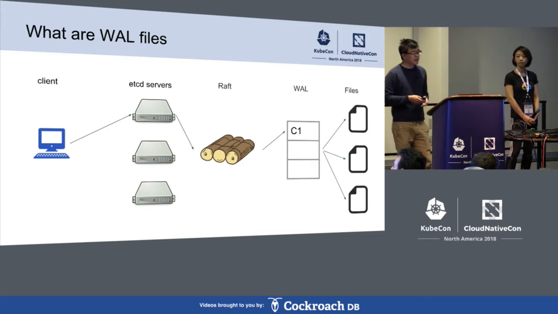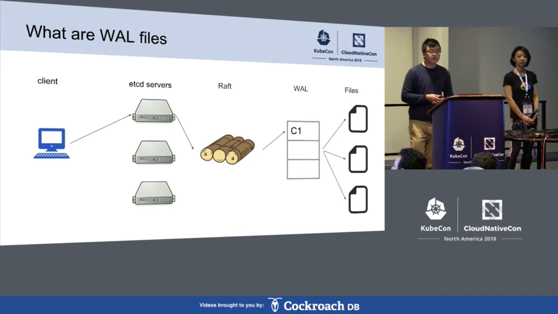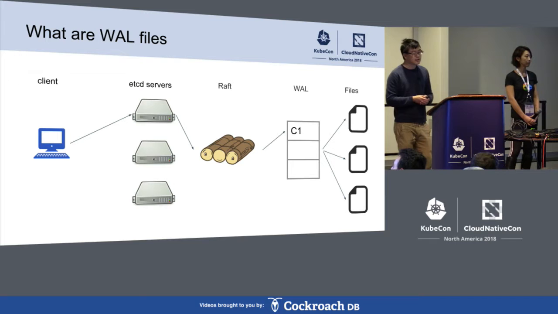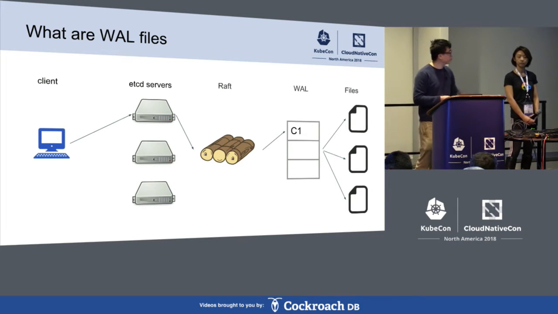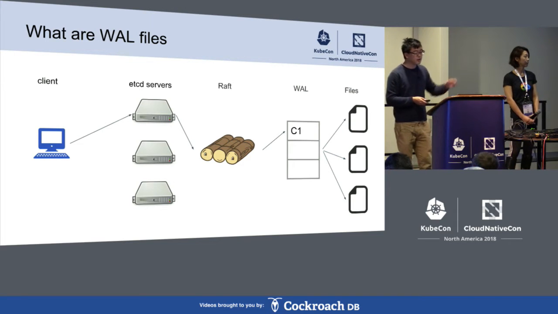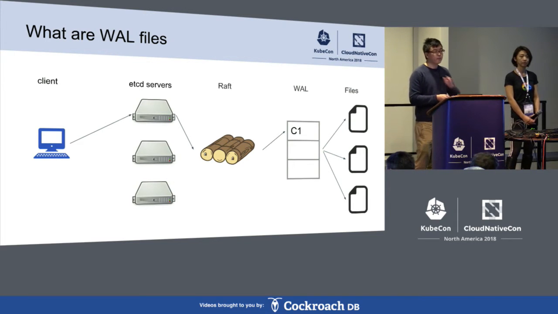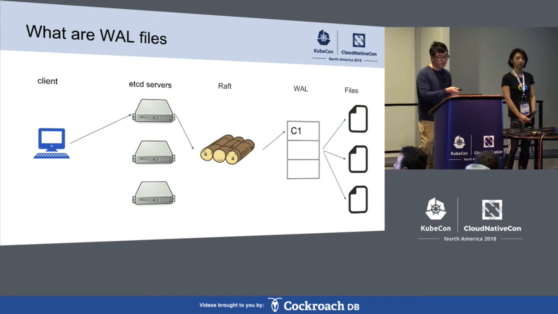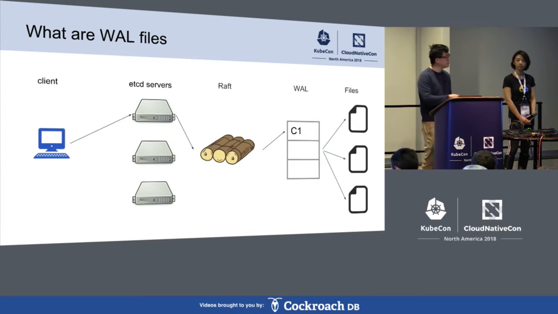From the client's view, the client keeps on sending requests to the etcd server. It can send the request to different etcd servers in the cluster, but all the servers will send the request to one Raft cluster, and the Raft cluster will make sure that all the etcd servers have one consistent, the same WAL file on disk. So if the client sends one request to etcd server 1, it will go through Raft and add an entry in the WAL file.